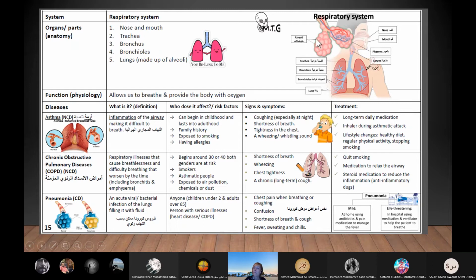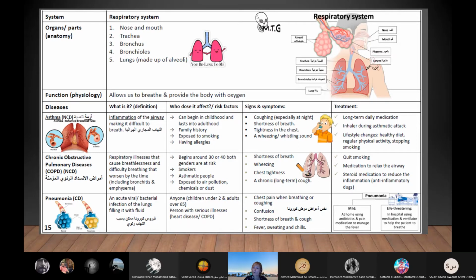Okay, so this could be infected here, and filled up, so air can't get exchanged. So this can also cause shortness of breath and pain and confusion. If you're not getting enough oxygen to your brain, it can make you feel confused.